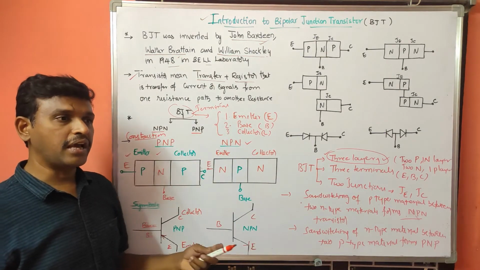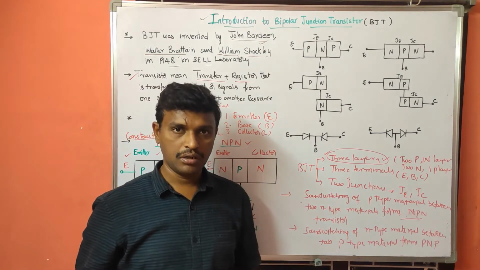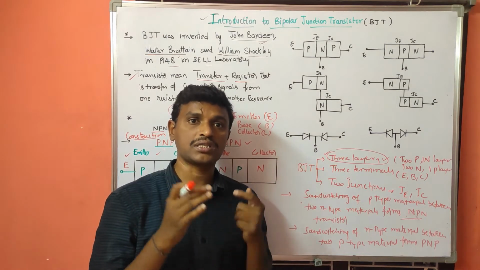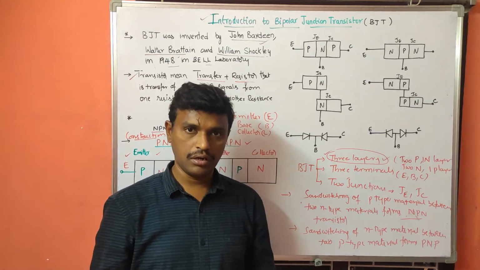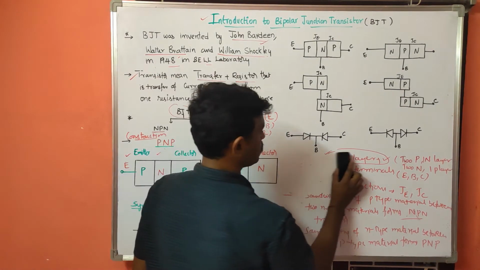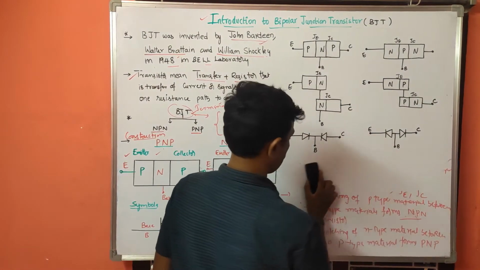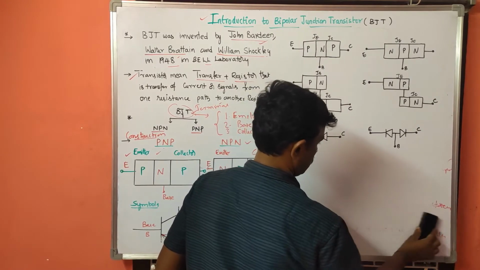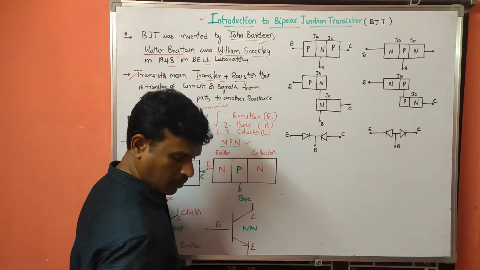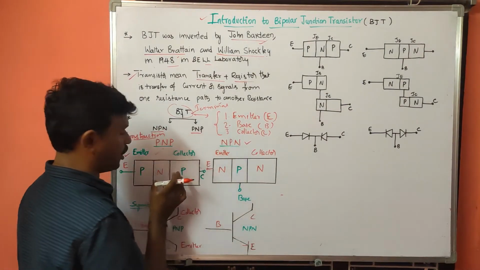Then what is their doping concentration? We will see the doping concentration of each layer, and the size of each layer. Here we have three terminals.